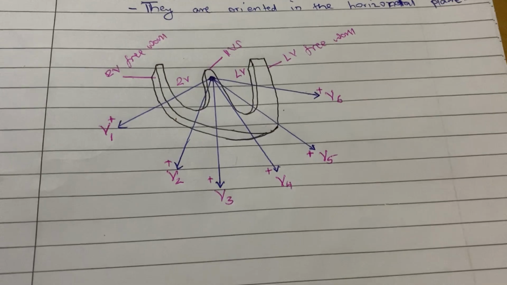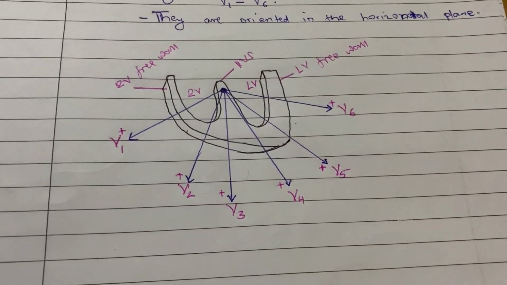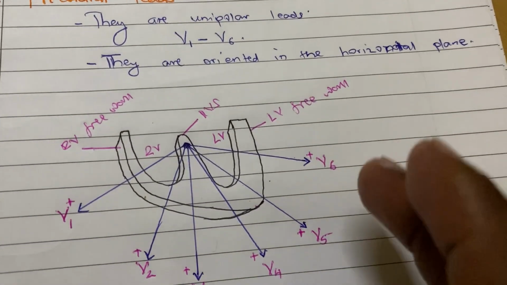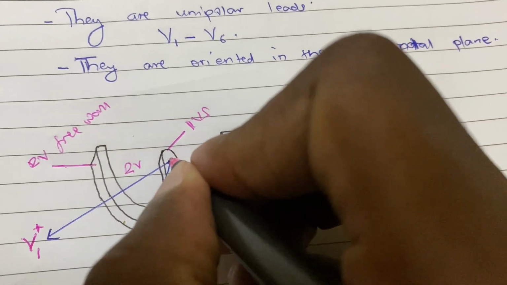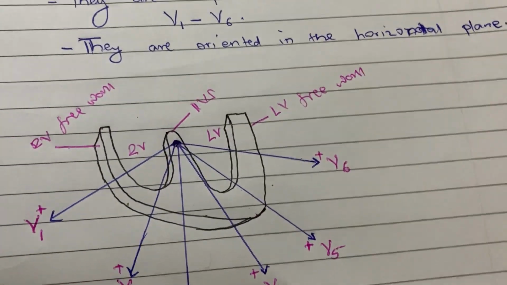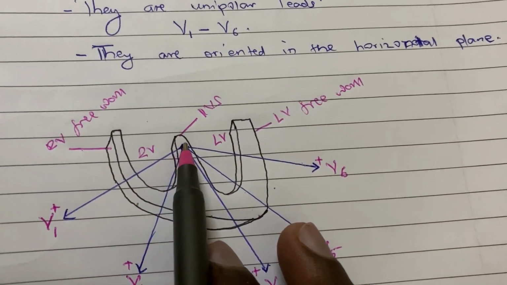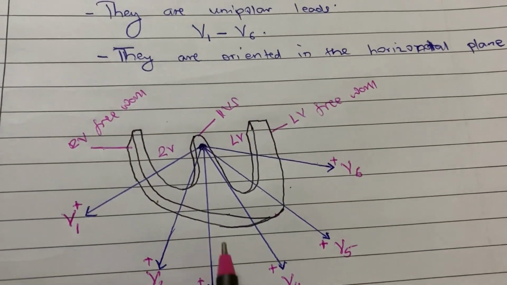That's why we only put them on the chest wall. Anteriorly, I'm going to show you the positioning. And the negative is located here at the center. Wilson's central terminal is here. I'm assuming there's a positive here, a negative here, and all these ones use this negative.